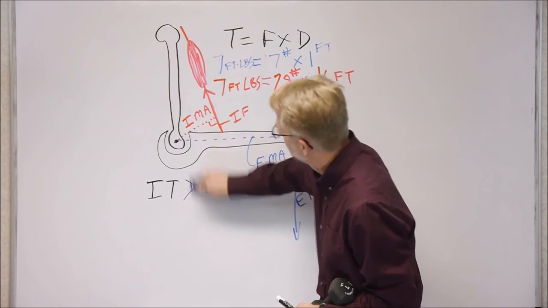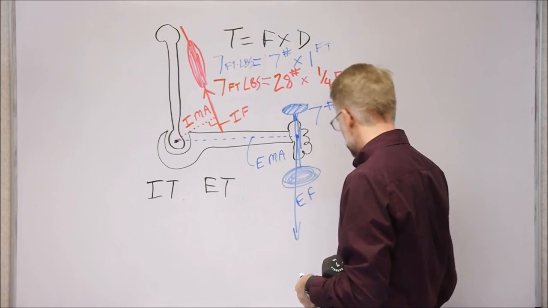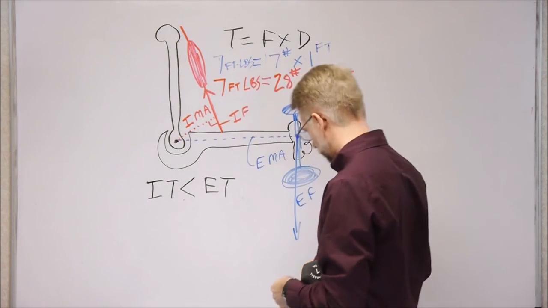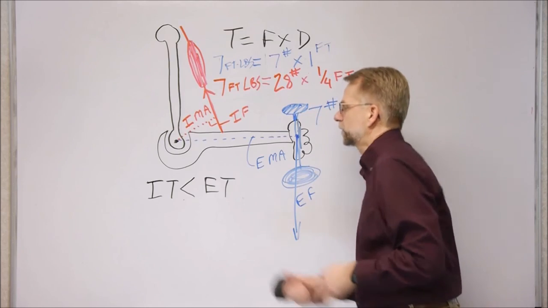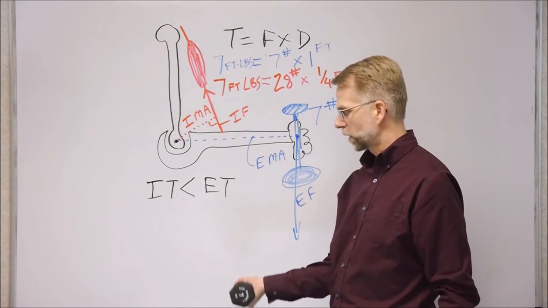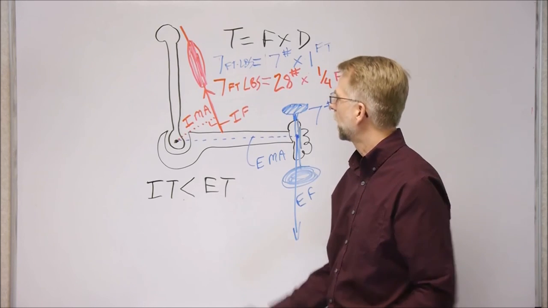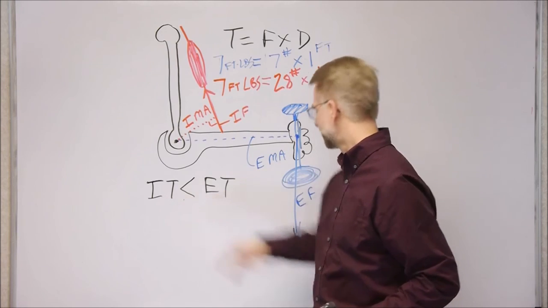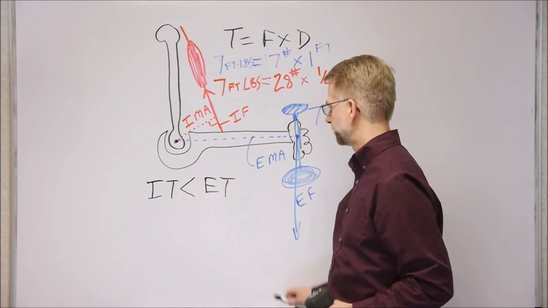Finally, if my internal torque is less than the external torque, the external torque wins, so the weight wins, and that weight is going to lower slowly to the ground. How slowly depends on how much the external torque exceeds the internal torque.